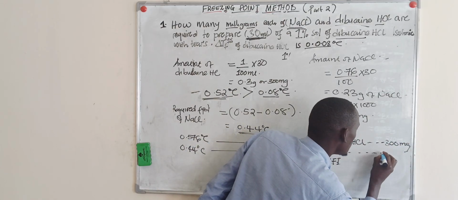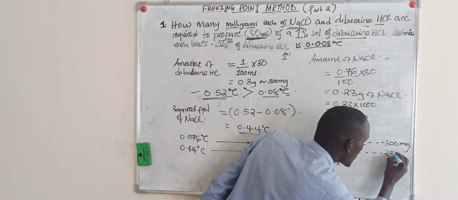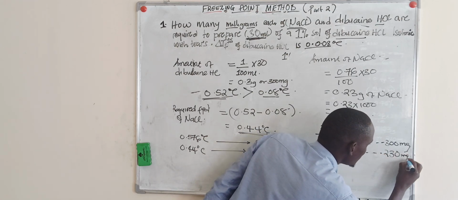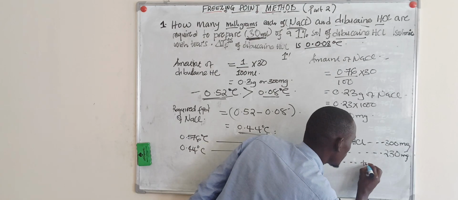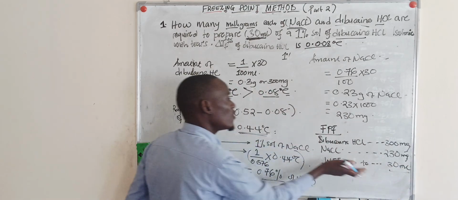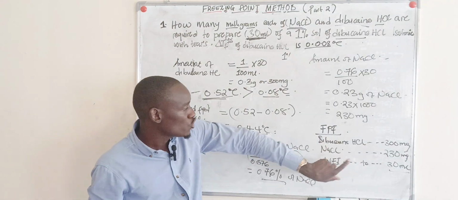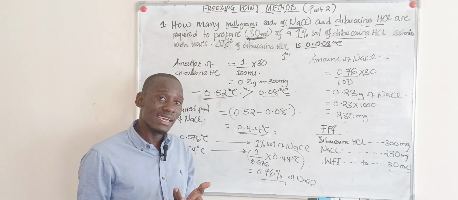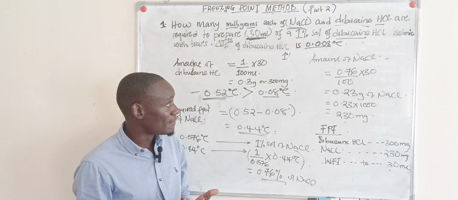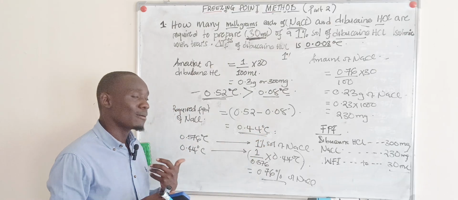We have also obtained the quantity of sodium chloride, which is 230 milligrams. Then water for injection added to 30 mils. And there we shall have made our solution isotonic using sodium chloride as the isotonic modifier. Let us look at our second example.